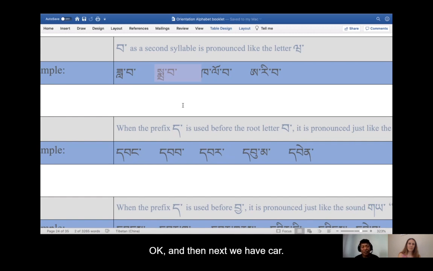Okay, and then next we have ka, la, na, ro, lo, wa, kalowa. Okay, and then next a, ra, ki, ku, ri, wa, ariwa.